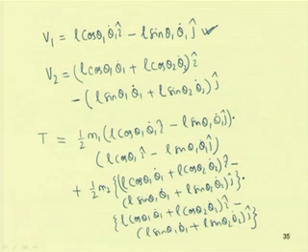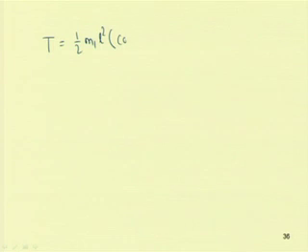In that way, for the first mass, T will be equal to half m1 L square, cos square theta 1 plus sin square theta 1, times theta 1 dot square.